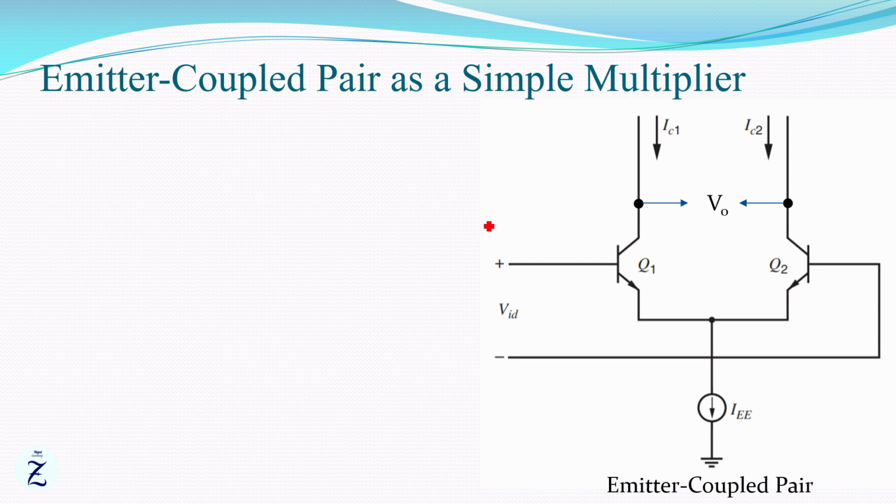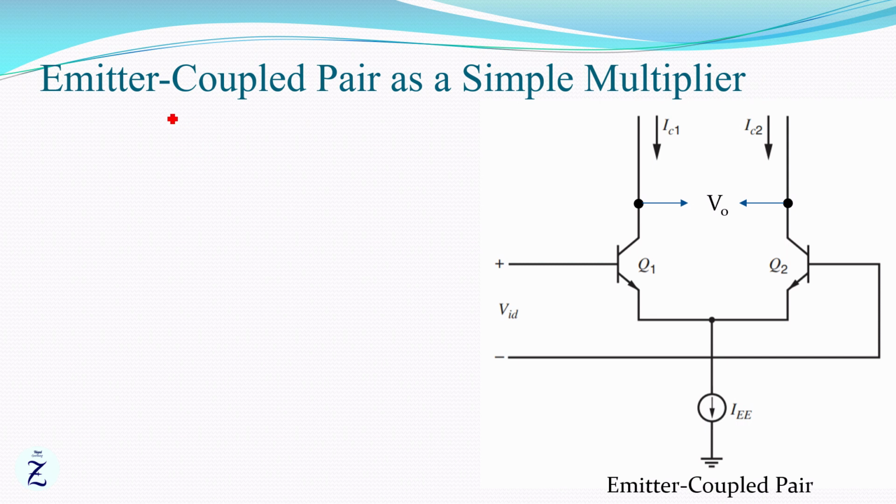IC1 is the collector current of Q1 and IC2 is the collector current of Q2. The output is taken between the collectors of Q1 and Q2. So the output voltage is proportional to the difference between the collector currents.